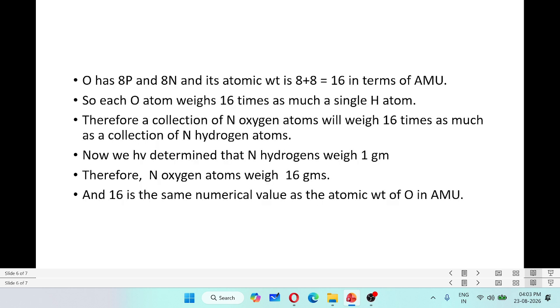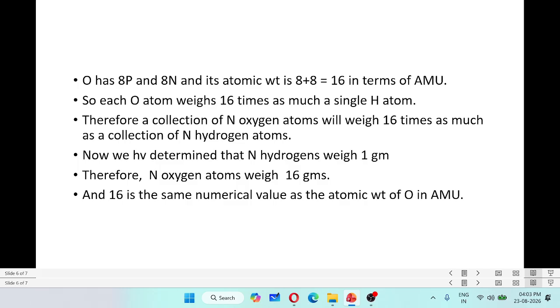Now look, oxygen: what is its weight in atomic mass units? It has 8 protons and 8 neutrons, so the atomic weight will be 16 in terms of atomic mass units. So each oxygen atom weighs 16 times as much as a single hydrogen atom. If we take a collection of Avogadro number of oxygen atoms, its weight will be 16 times as much as a similar collection of Avogadro number of hydrogen atoms.